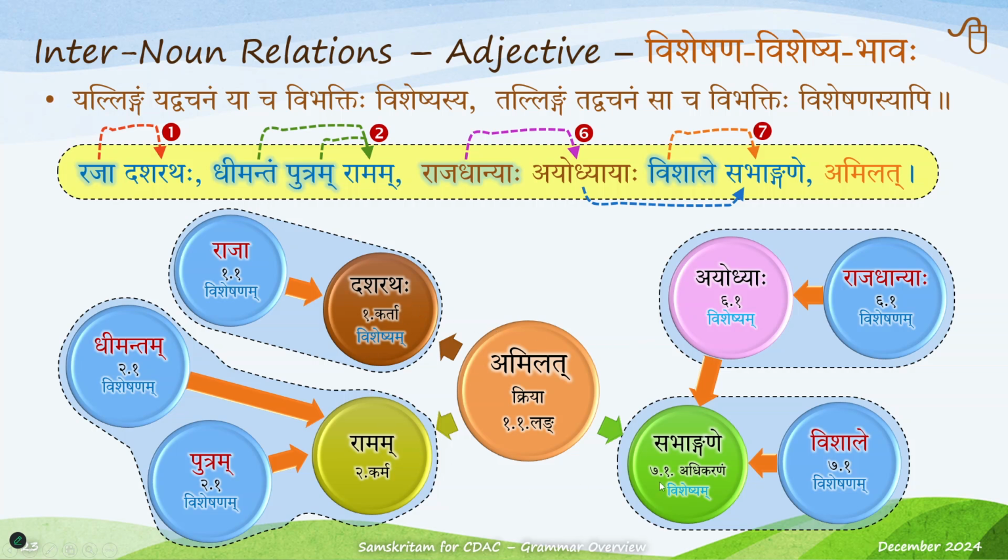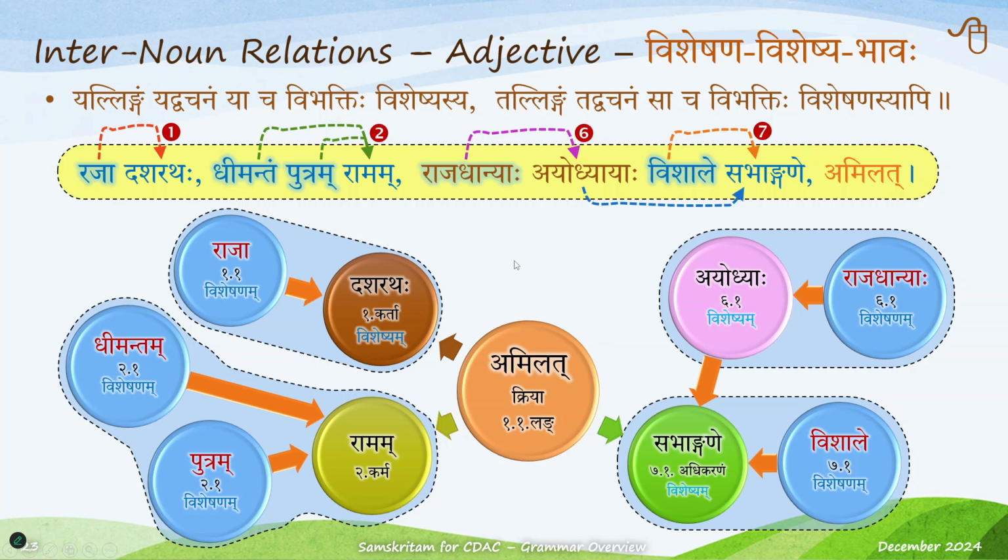There are just three words sitting around the Kriyapada: Dasharatha, Ramam, Sabangane, Amilat. But Sabangane has Vishale, Ayodhya has Rajadanya. Ayodhya is brought in through Sabangane. So this one is 1, 2, 3 steps removed from the Kriya, but there is a link: Rajadanya has a link to Sabangane, which has a link to Amilat.